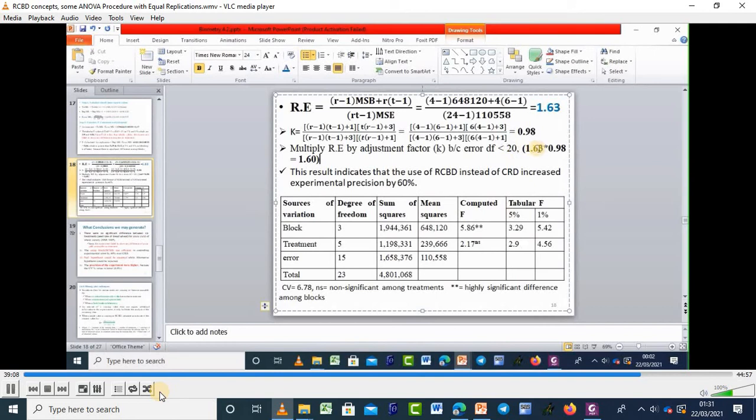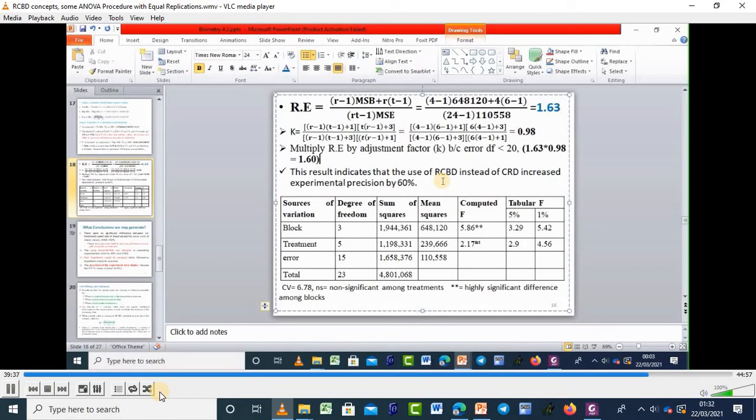Then the product of 1.63 and 0.98 is 1.60, and this indicates that the use of RCBD instead of CRD increased the experiment's precision by 60%. So RCBD was efficient, or using blocking design was efficient, 60% over CRD.